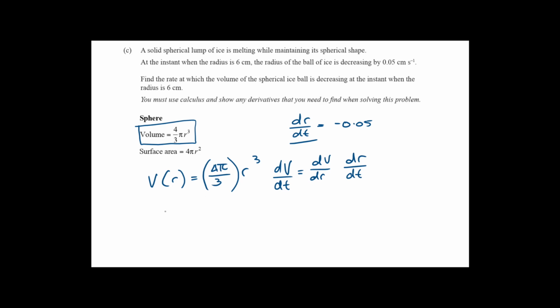It's that. So now we need to differentiate this. So we do that. 3 times 4 over 3 is 4 pi r squared. Okay, so the change of volume over change in time is going to be equal to 4 pi r squared times negative 0.05.